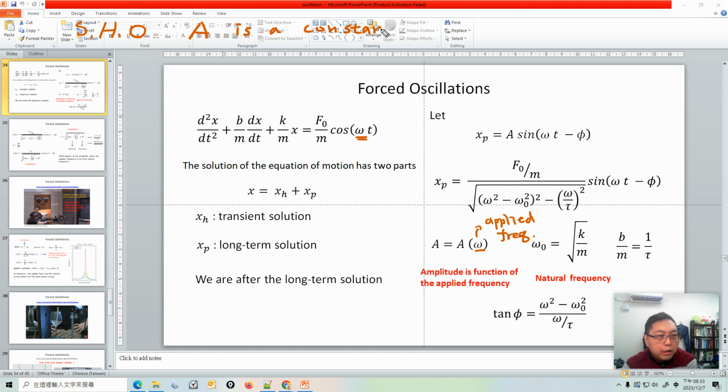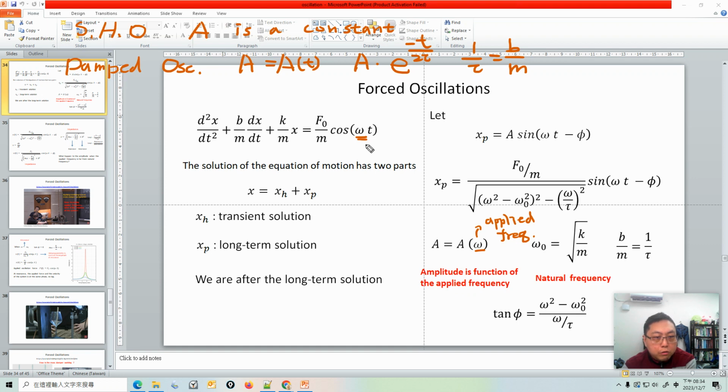In damped oscillation, we can view the amplitude as a function of time: a constant A times exponential of minus t over 2 tau, where 1 over tau is b over m, and the damping parameter b controls the relaxation time of the damped oscillation.